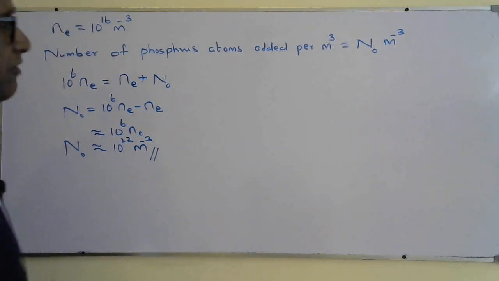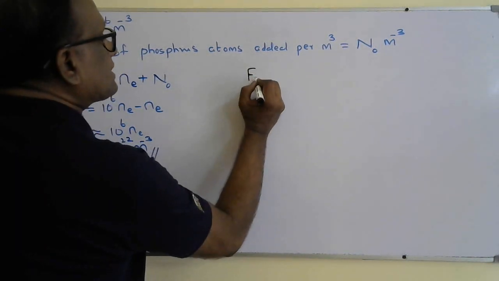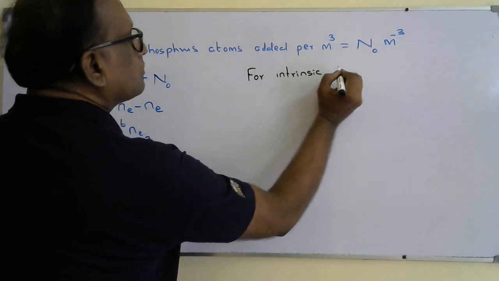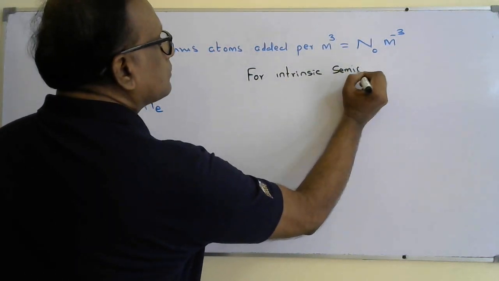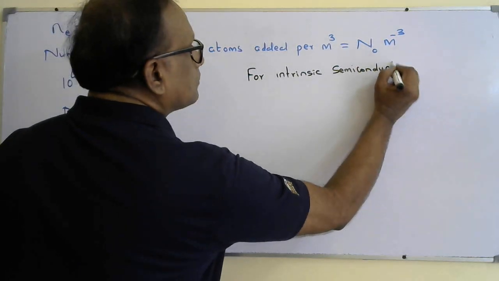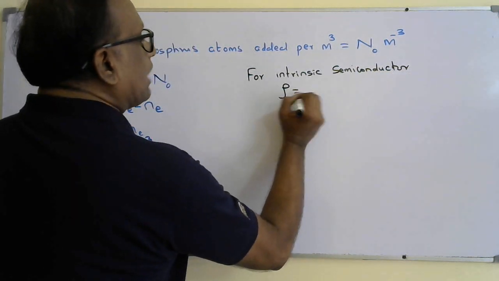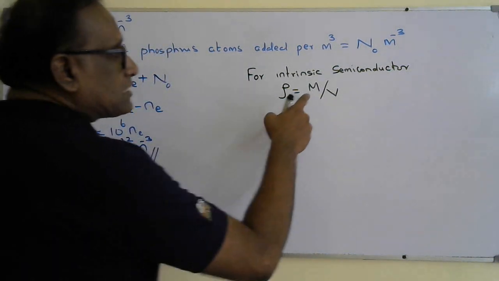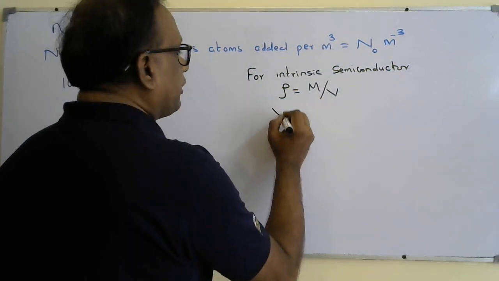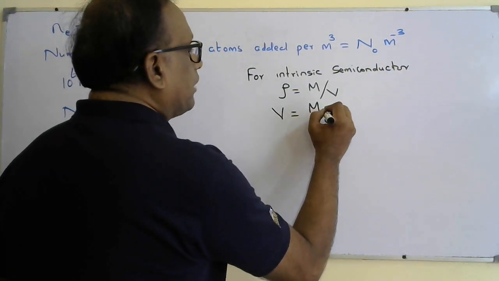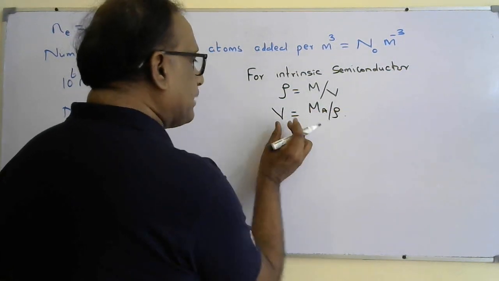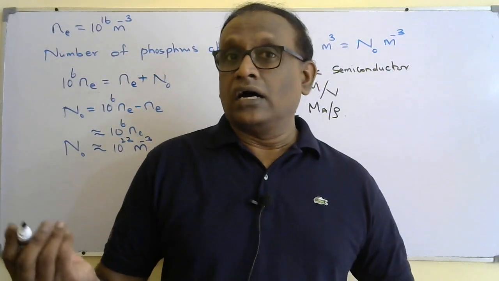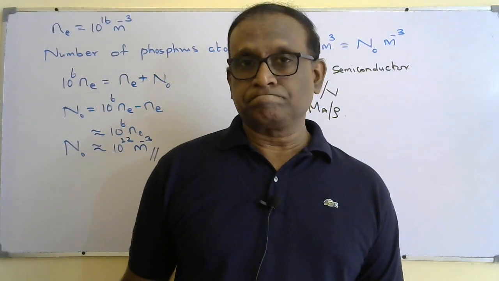So for intrinsic semiconductor, we know density equals mass over volume. Mass means molar mass, so volume is going to be molar mass over density. So this volume indicates the volume of 1 mole of silicon, intrinsic silicon.